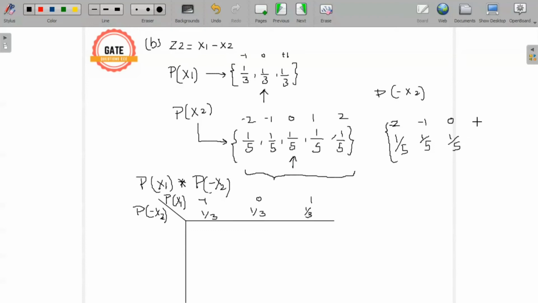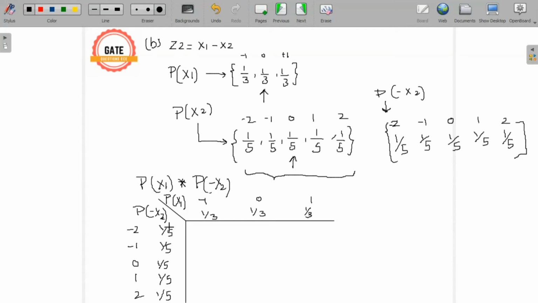So this is the probabilities of minus x2. So we will write from this side: -2, -1, 0, 1, 2. The probabilities will be 1 by 5, 1 by 5, 1 by 5, 1 by 5 and 1 by 5.